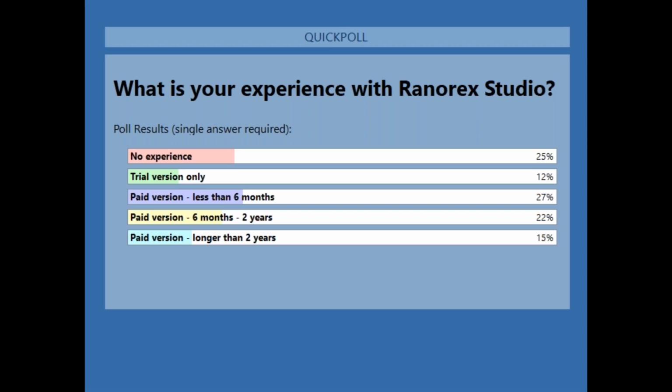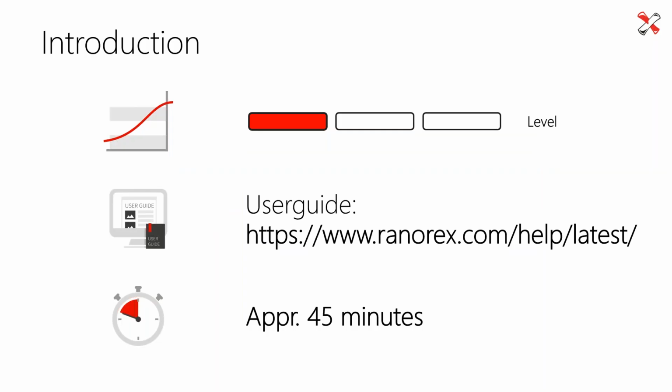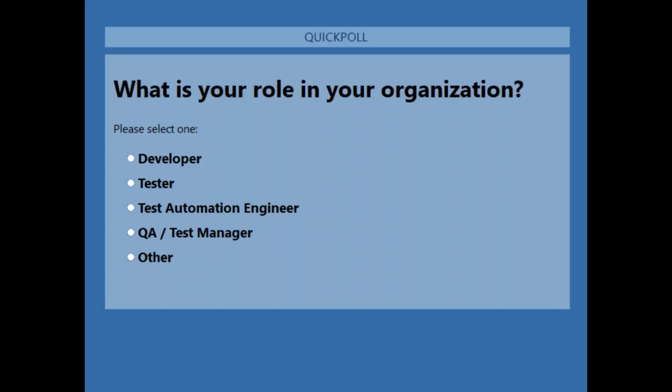Real quick, another question, if you don't mind. We will ask you, what is your role in the organization? So your official title, are you more of a developer, test automation engineer, or perhaps you're on the management side?